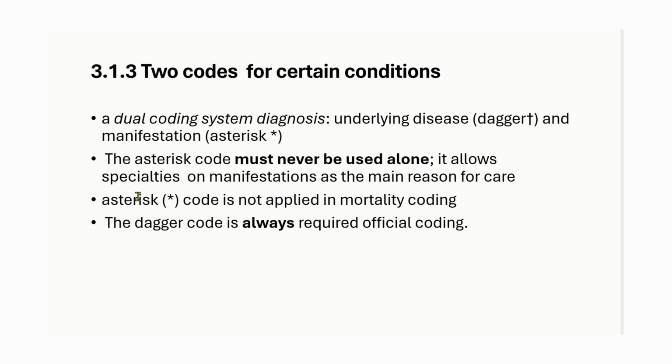Remember, the asterisk code must never be used alone. It is mainly used for specialties which describe manifestations. The asterisk code is not applied in mortality coding, and it is important to know that the dagger code is always required for official coding.